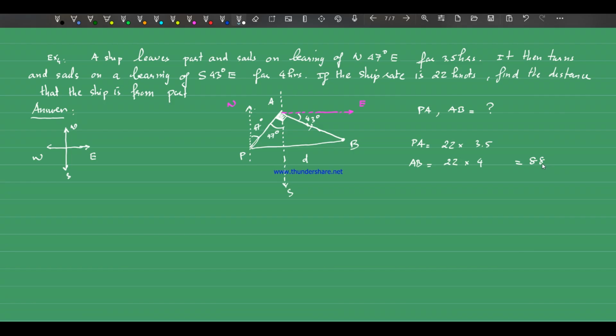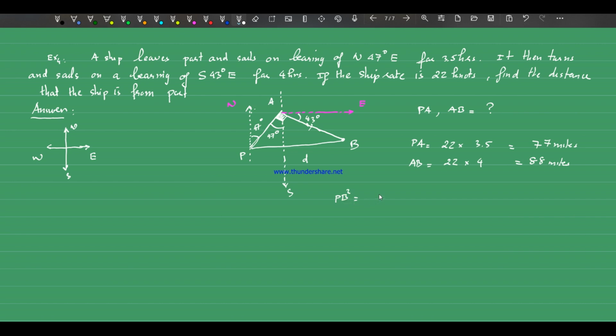Because the 22 knot, the unit is actually miles. So we're going to have miles. It should be nautical miles, not just miles, because we are dealing with a ship, but I'm going to put miles. And 22 times 3.5 is 77 nautical miles. So from here I can get PB.